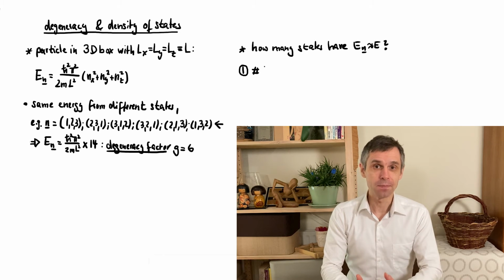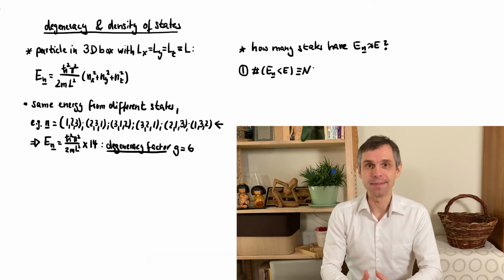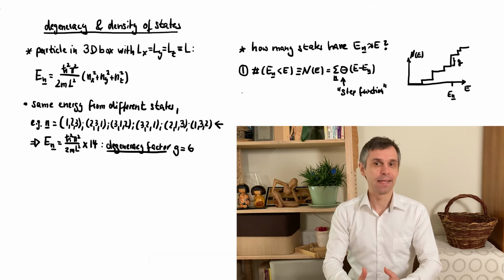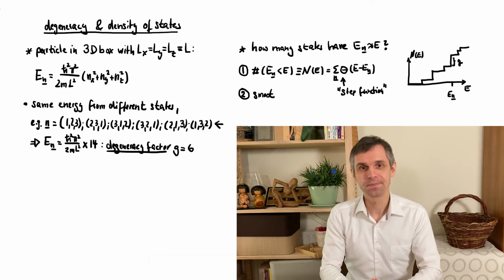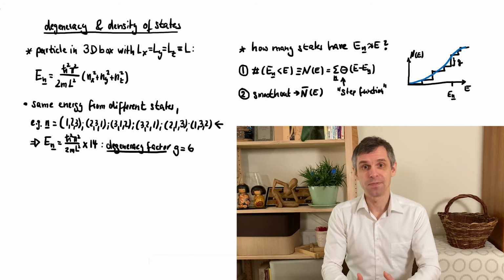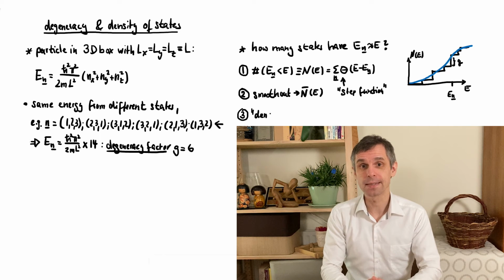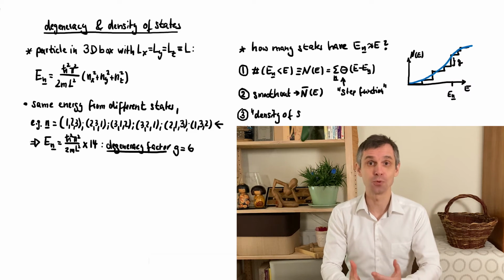First, we count the number of states up to a given energy. Then we smooth this out. And finally, we take the derivative of this smoothed out number of states, and this is then our density of states, rho of E.